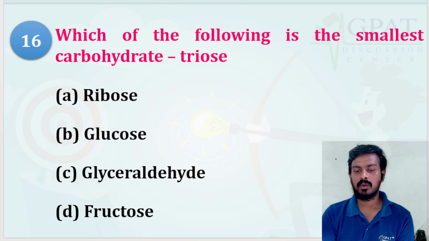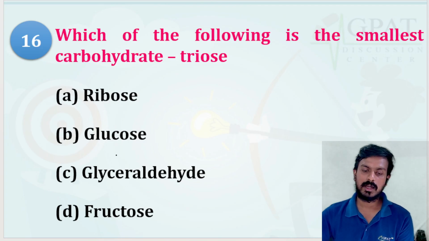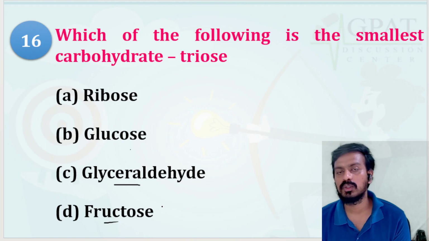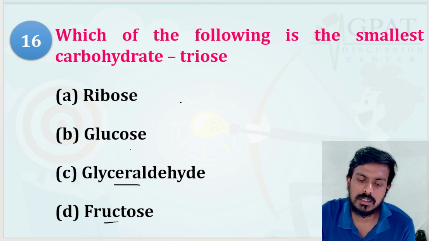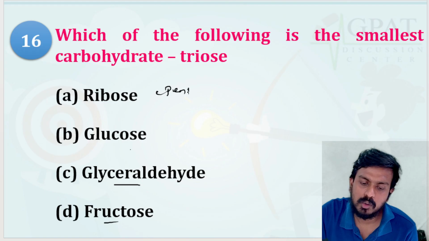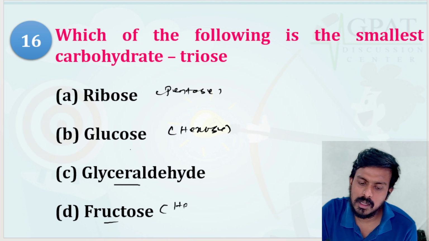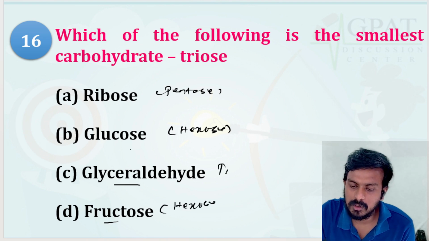Next question. Which of the following is the smallest carbohydrate, a triose? Ribose, ribulose, deoxyribose are pentoses. Glucose is a hexose. Fructose is also a hexose, but glyceraldehyde is a triose.